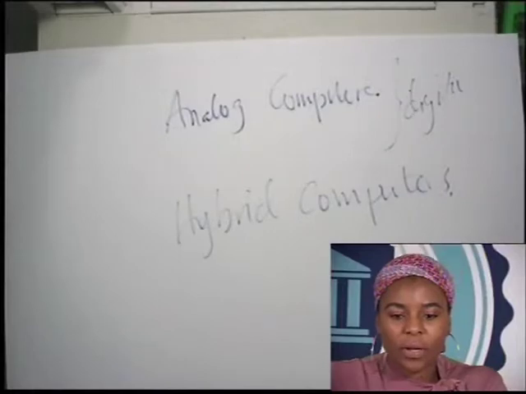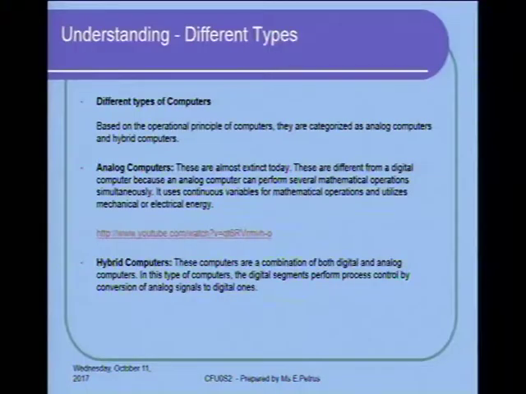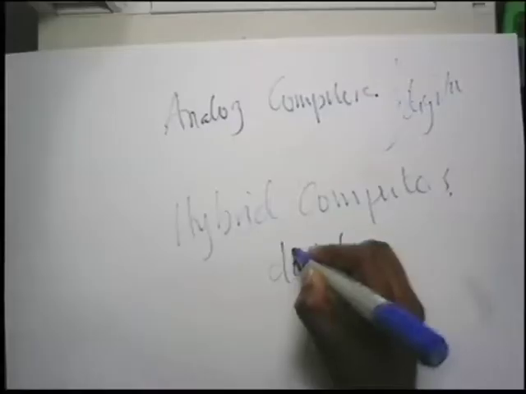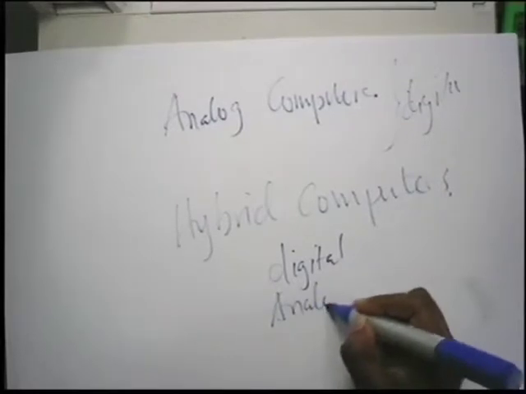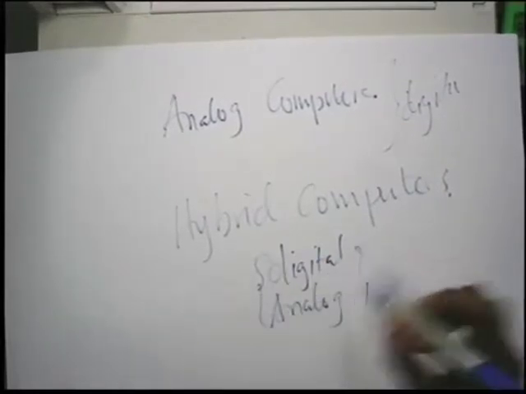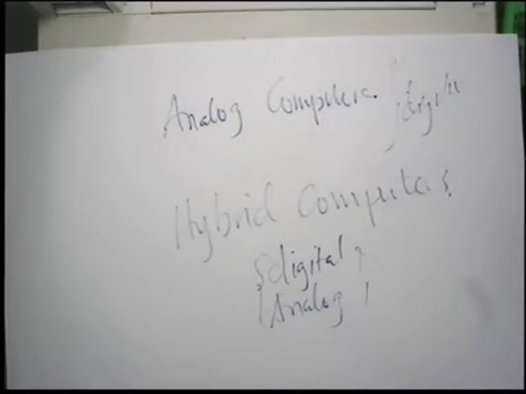And hybrid computers are a combination of both digital and analog computers. The digital segments perform process control by conversion of analog signals and digital signals. Let me not go deep for a while into what is digital and what is analog. Let's first focus on the types of computers.